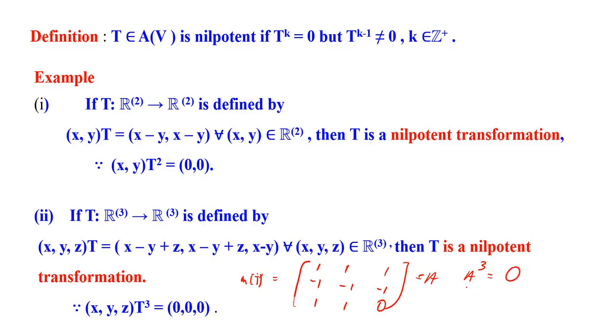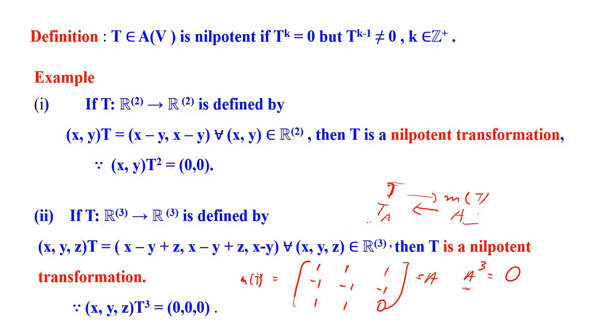So when the matrix is nilpotent, the corresponding transformation will be nilpotent, because we know that with every transformation we can always associate a matrix, and given a matrix A, a transformation can be associated. Because A is nilpotent, this transformation should also be nilpotent.